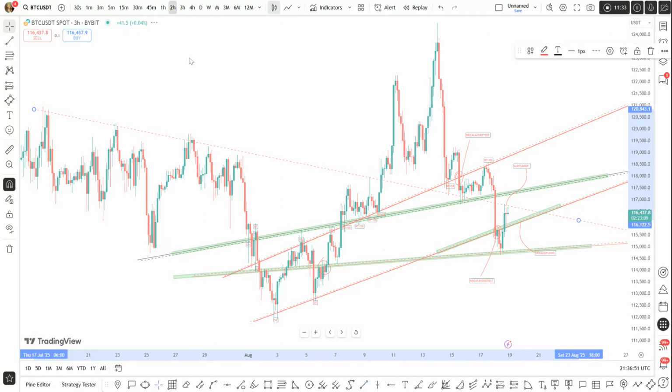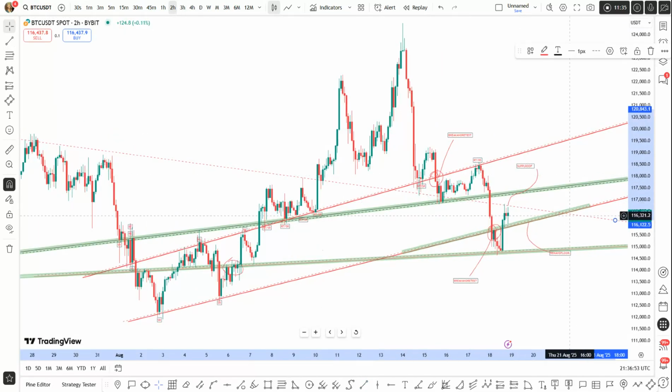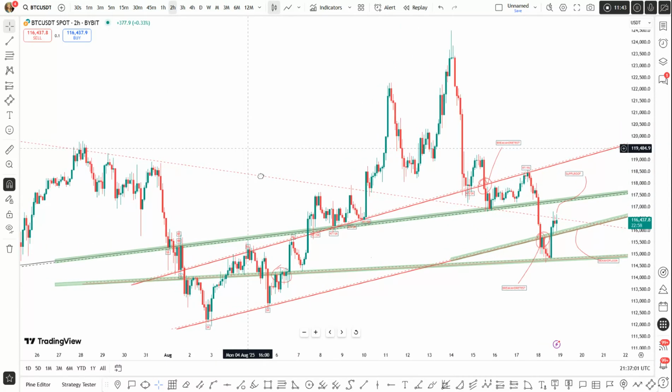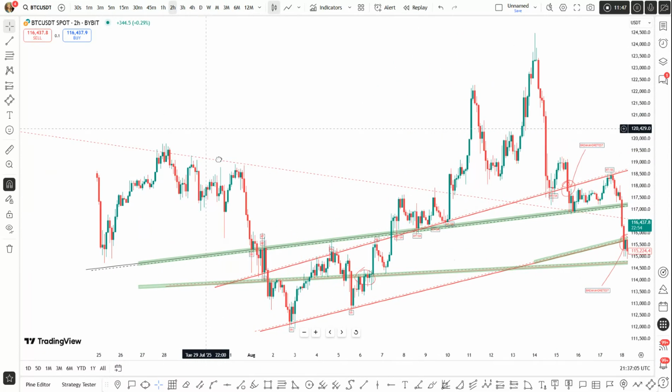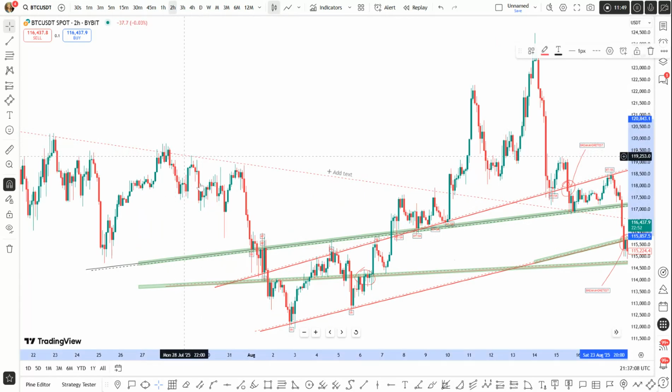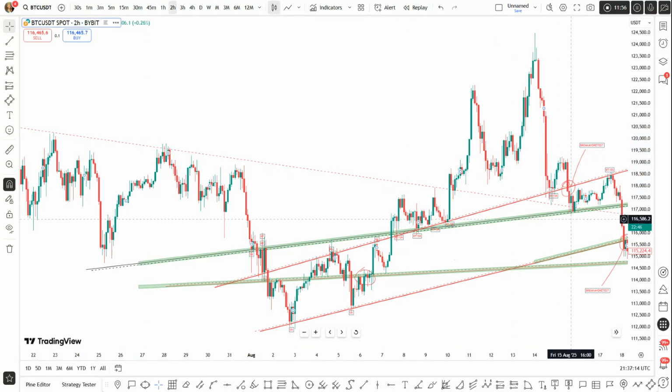So let's look at it on 2 hours. You see on 2 hours, look at what we've got. Do not forget that I'm locking here as a demand floor, and most likely I'm also locking here. I'm locking here as a supply roof. I'm locking here as a demand floor.